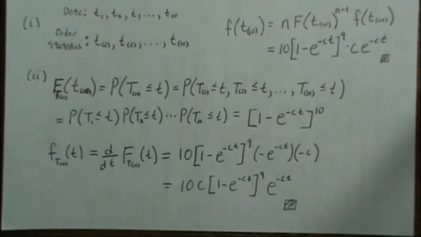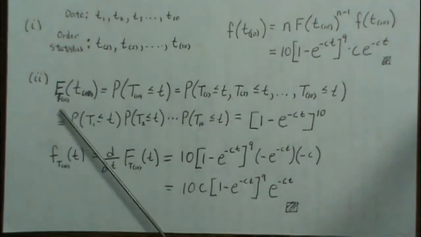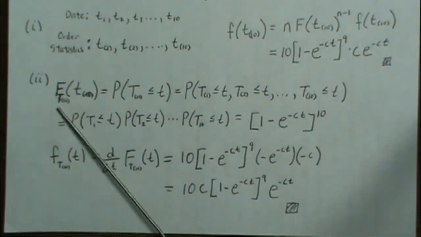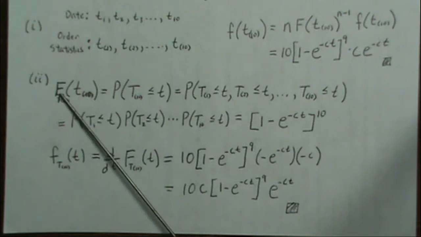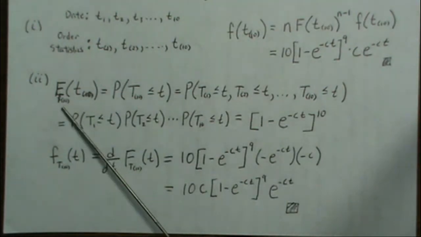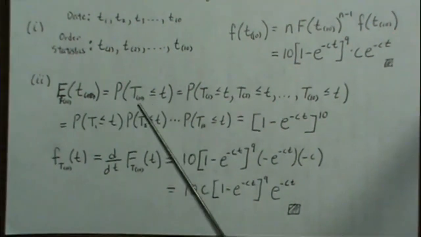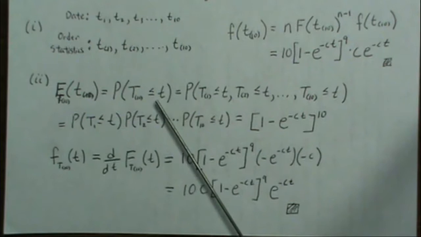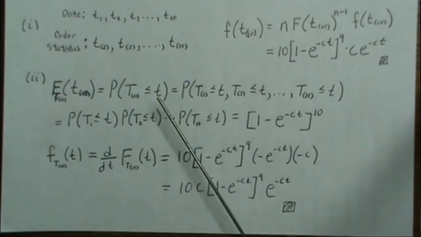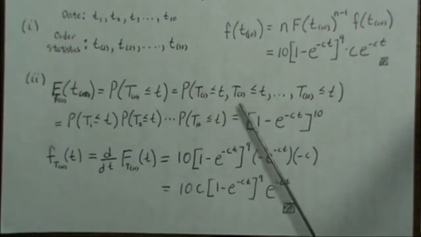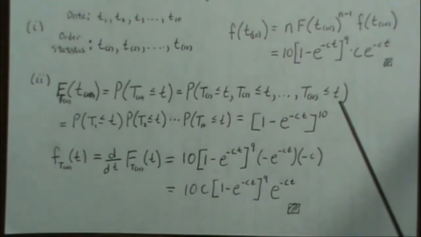Now to calculate this a different way, this is F of capital T of 10. This is the cumulative distribution function of the largest value. So that's the probability that we're less than some t. But if the largest is less than t, that means all the others have to be less than t.